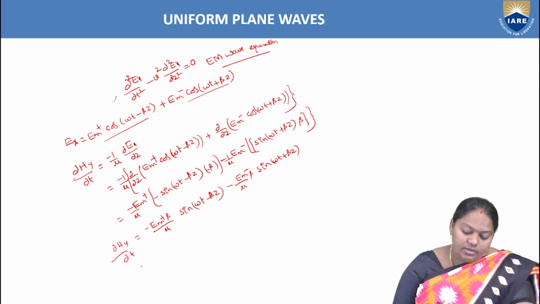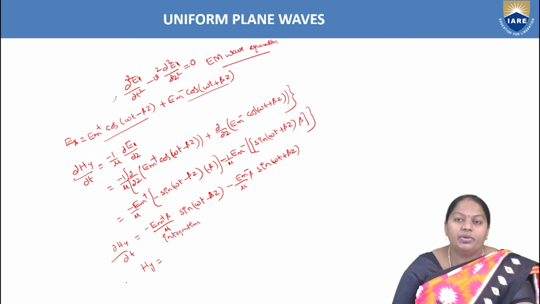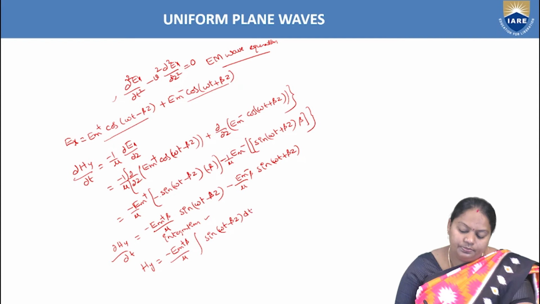Now we have to simplify the equation for Hy. Again consider both sides integration. To get the equation for the Hy component, we apply integration on both sides. Then Hy becomes the integration of minus Em plus beta by mu, integral of sin(omega t minus beta z) dt, minus Em minus beta by mu, integral of sin(omega t plus beta z) dt.